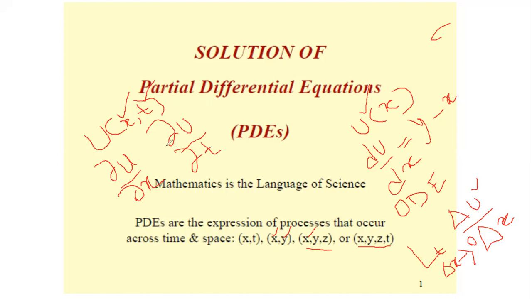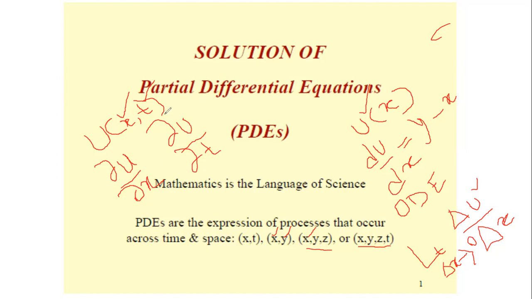So not only can u change with x, it can also change with t. Therefore, whatever measure we take to estimate the dependence of u on variables like x and t is what is known as a partial derivative.